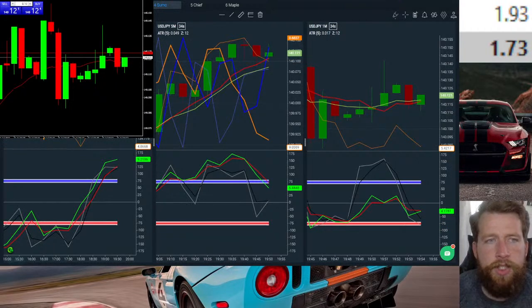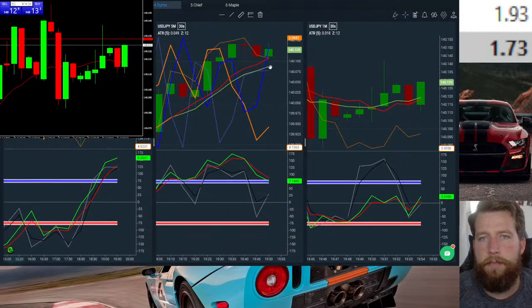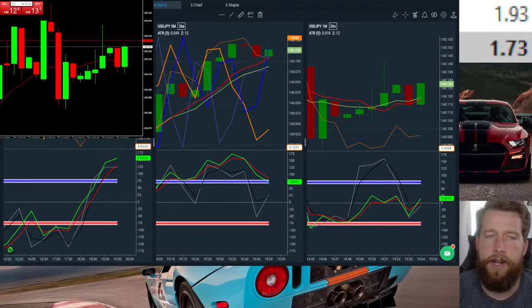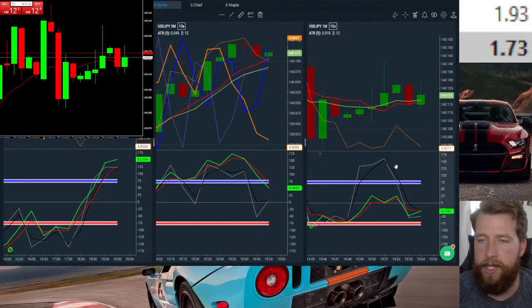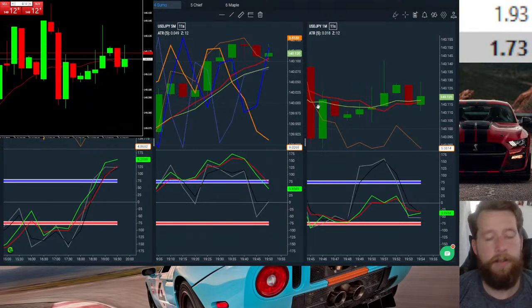Okay, so we're still just kind of waiting for a setup here. Yeah, the easy thing to look at are the oranges. You can start paying attention when the oranges are pointing the same direction. All this one's kind of wiggling around, so if this shoots up pretty quick, then we could actually get a signal. So we can't just not pay attention at all.